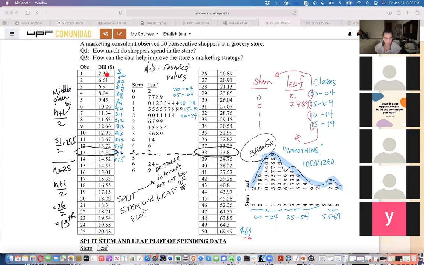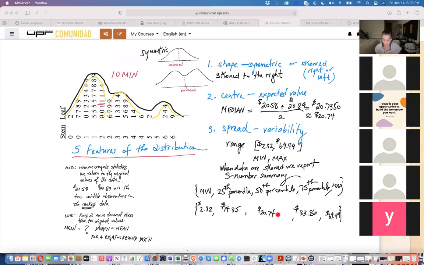So half. This is why we pick the number between 25 and 26, because half is smaller. That's why we call this one the 50th percentile. We average the two middle values. So you understand that, right?